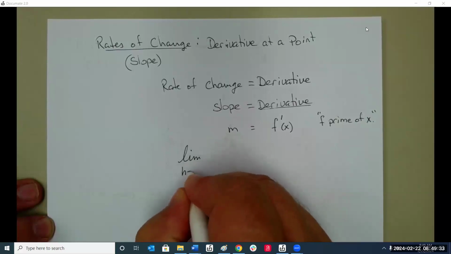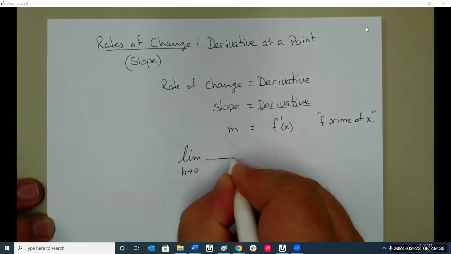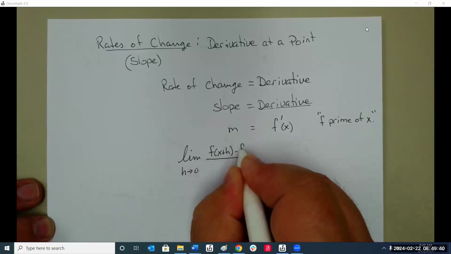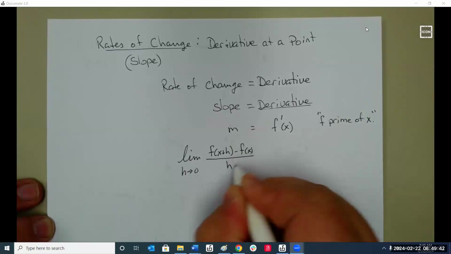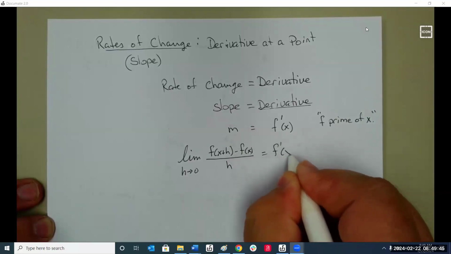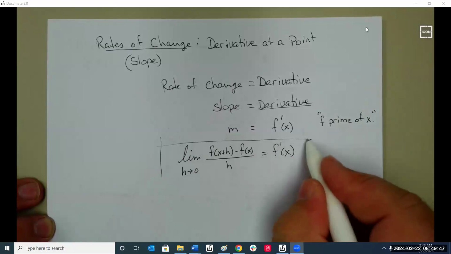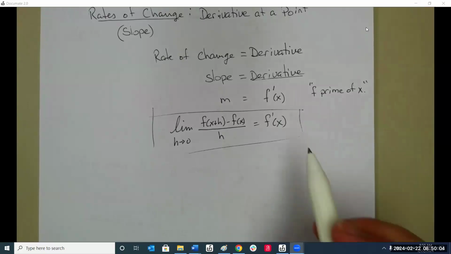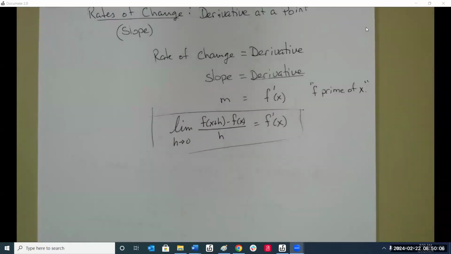The limit of the difference quotient. So there we have our definition, our formula for it. Again, now it just means more than slope and rate of change.